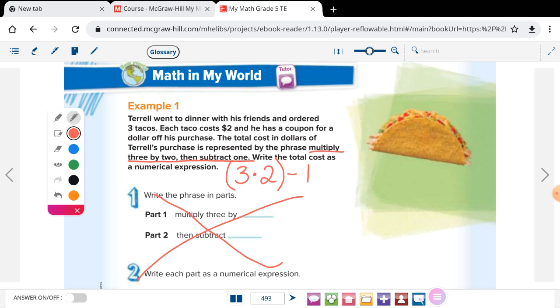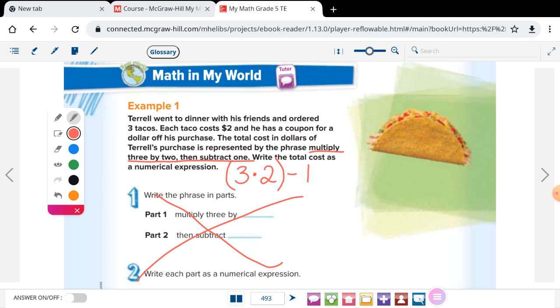So that's all we're really doing today, is reading words and changing them into expressions. Okay, if we go on down, does it ever ask me to solve that? Yes. Number 3. Compare the numerical expression to represent the total cost in dollars.